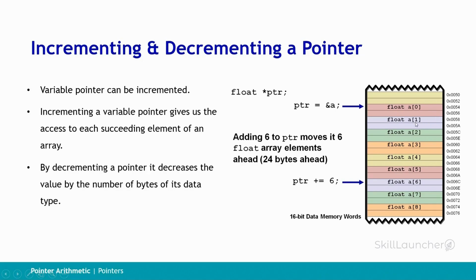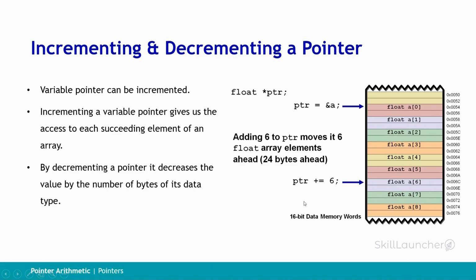This is because after incrementing a pointer, it does not point to the next memory location. It points to the next integer or corresponding data type value in an array. So if we increase a pointer by 6, then it would go 24 bytes ahead because each floating value takes 4 bytes. So 6 times 4 gives 24. So the pointer after adding 6 would point to float A[6], that is at the address 6C.